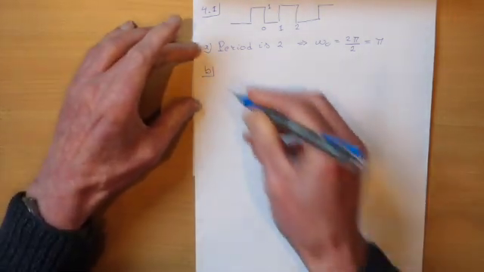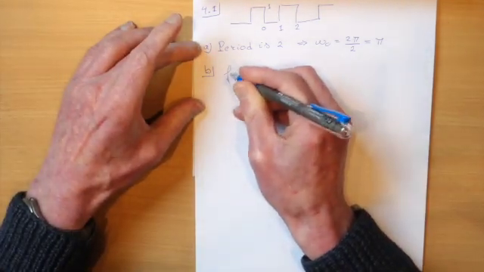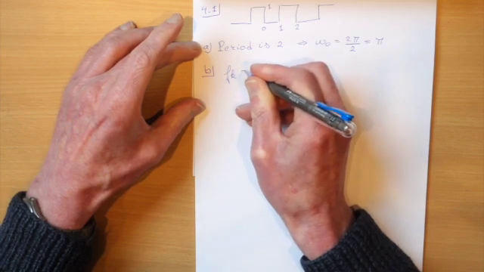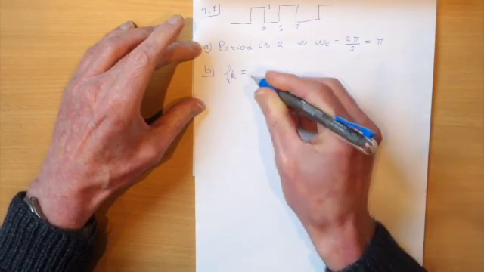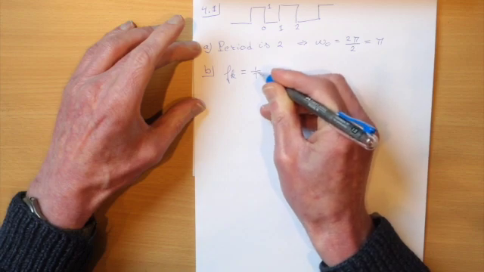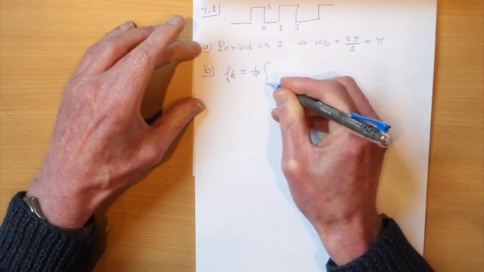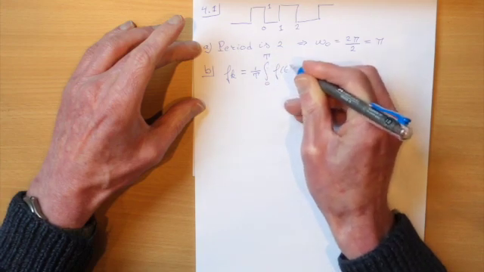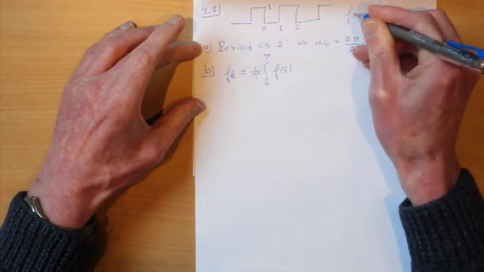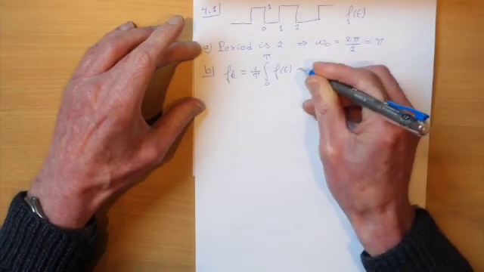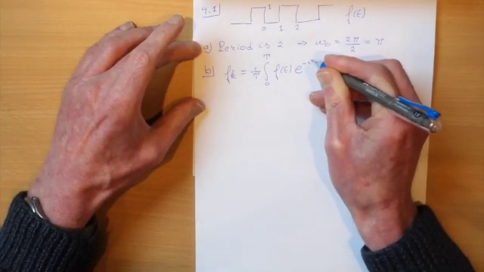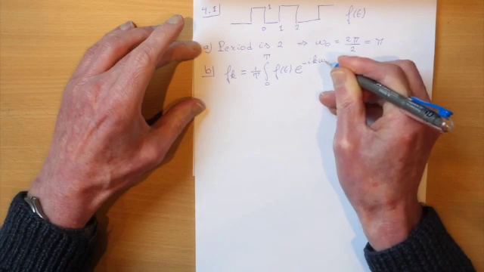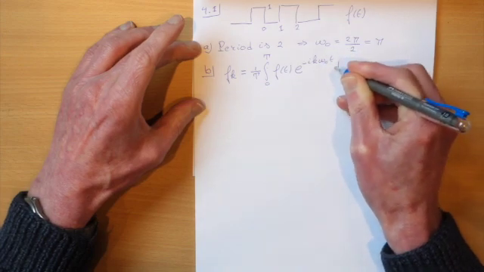So now we will calculate the Fourier coefficients. First let's start with the general equation. The kth Fourier coefficient is 1 divided by the period, integral over the period, f of t, this periodic function of course, e to the power minus i k omega 0 t. Quite a mouthful.